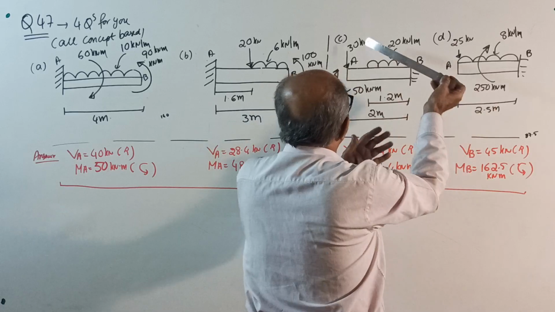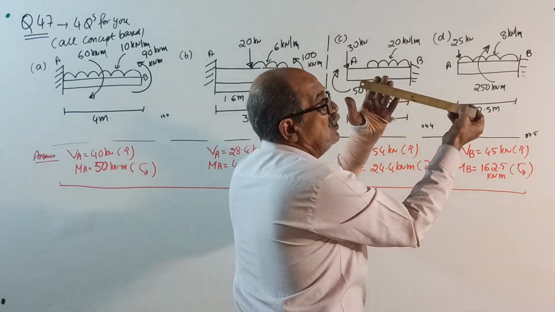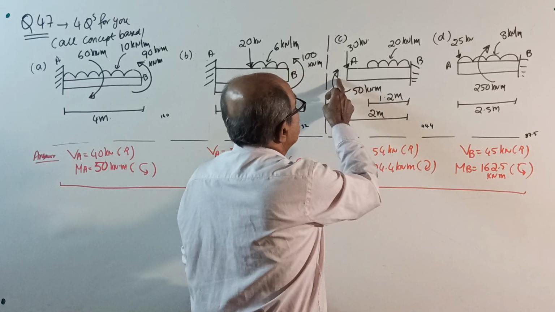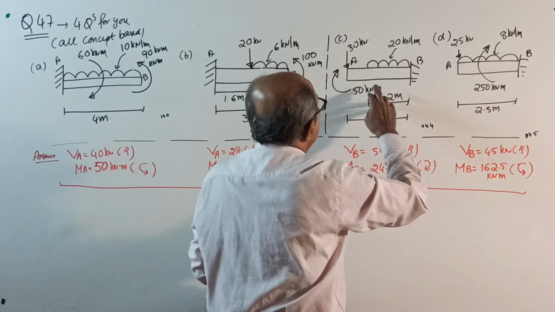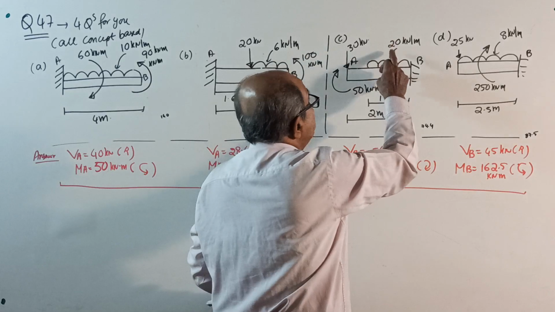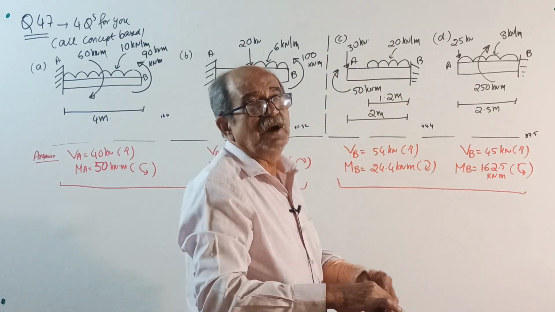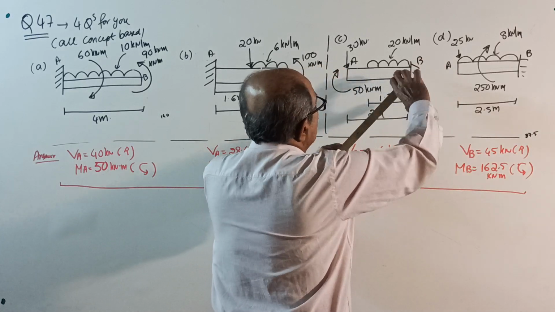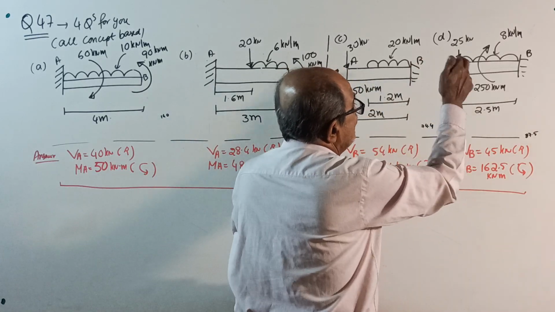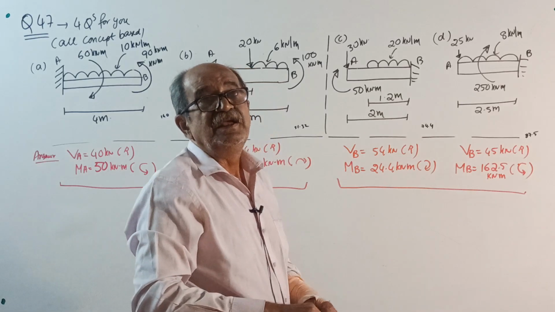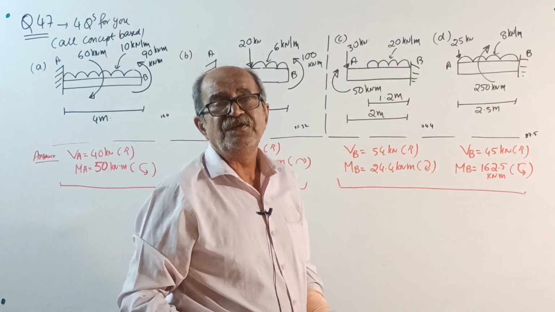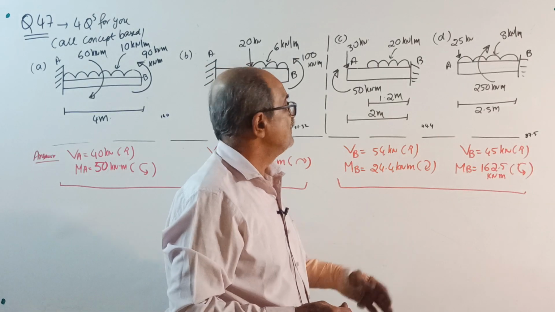Loading will create anti-clockwise, and I gave a clockwise couple here. Here also a clockwise couple. But after considering loading effect and the effect of couple, if the net effect is anti-clockwise, reacting moment will be clockwise. But if the effect of couple is more and the net effect is clockwise, reacting moment will be anti-clockwise. That is the principle for all these cases.